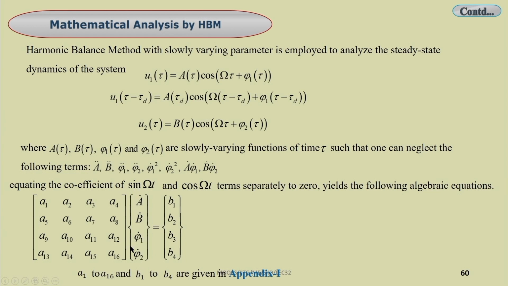For steady state, this will be equal to 0, and to study the stability, one can find the eigenvalues of the Jacobian matrix, similar to what we studied in the case of the method of multiple scales. In this way, one can study the vibration observer.